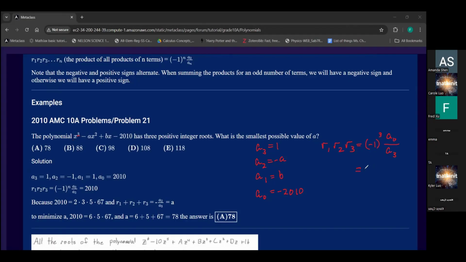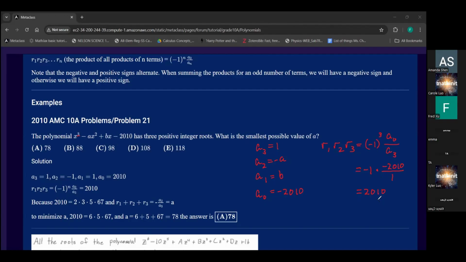Negative 1 to the power of 3 is still negative 1 because 3 is an odd number. And a of 0 is negative 2010, and a of 3 is 1. The negatives cancel, so this turns out to be 2010. So the roots of this polynomial multiplied together is equal to 2010.